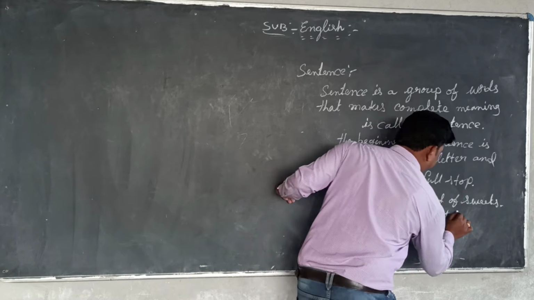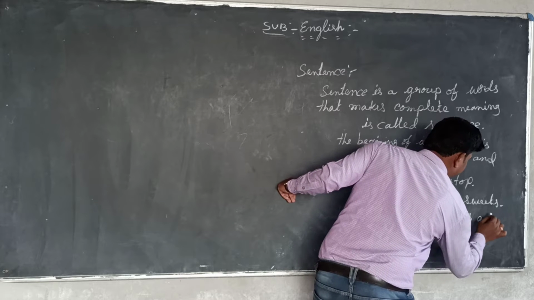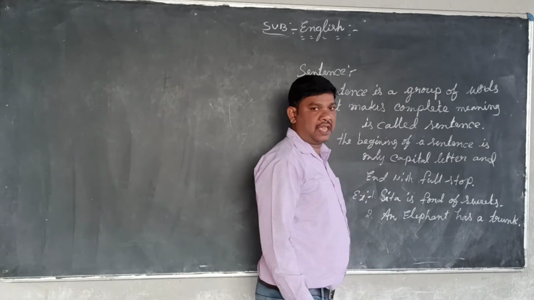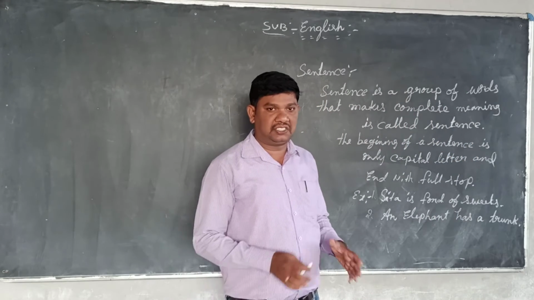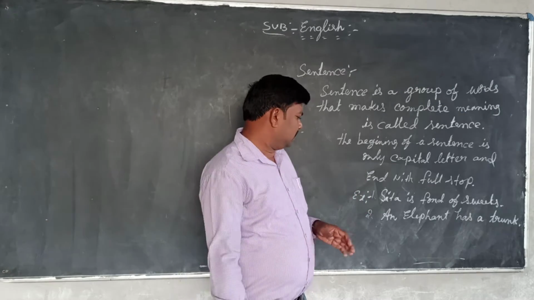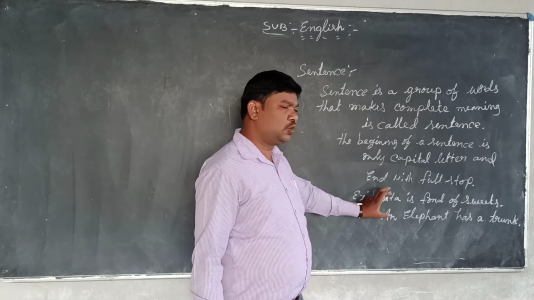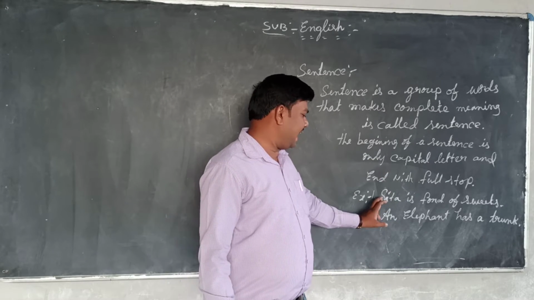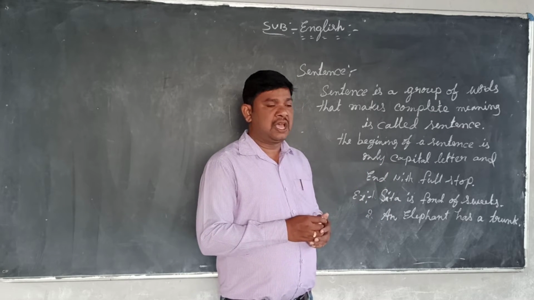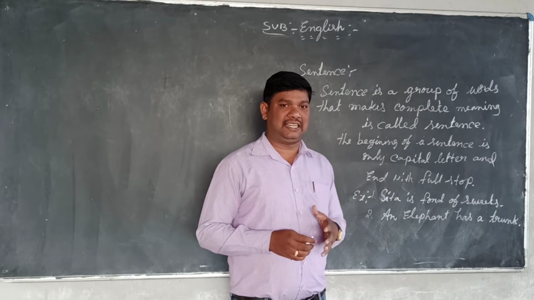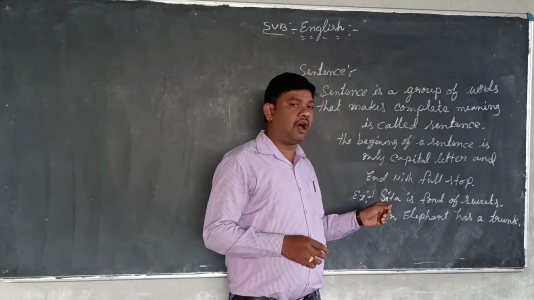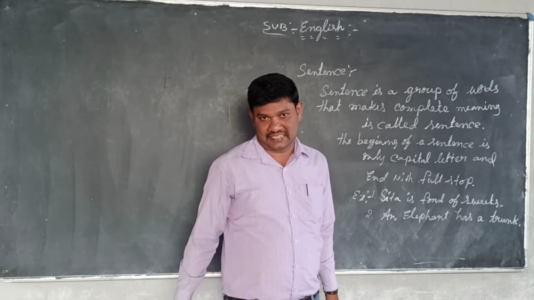An elephant has a trunk. Have you seen an elephant has a trunk? Yes, the elephant has a large trunk. So just observe these two sentences. Those sentences contain a group of words and also those words are placed in correct order. Then only they are called sentences.